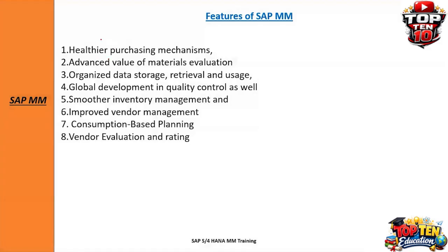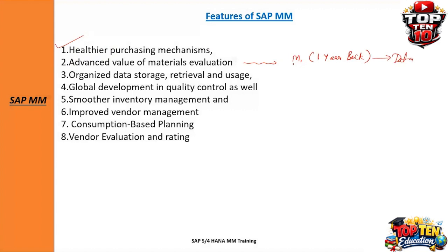There are many features of SAP MM. Number one, a healthier purchasing mechanism that we have already seen. Advanced valuation of materials. Nothing will disappear. If we procured one material 1 year back, there will be data somewhere. Data will not be lost.